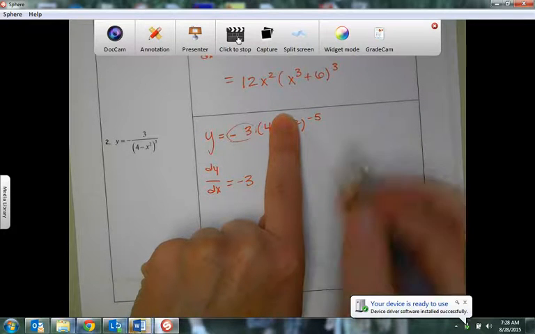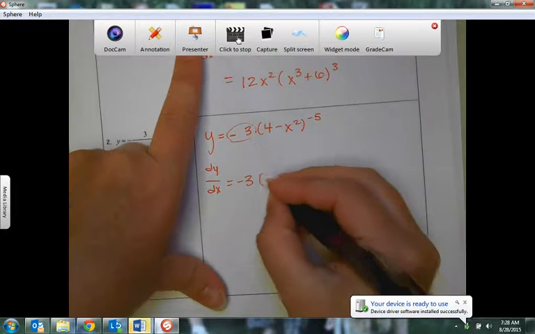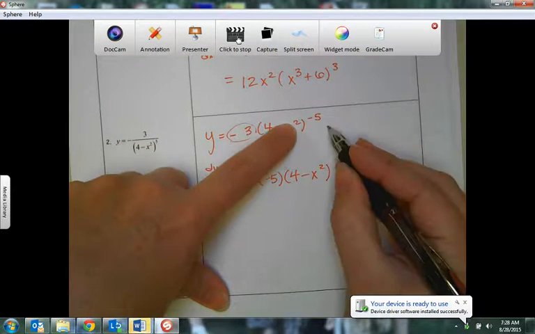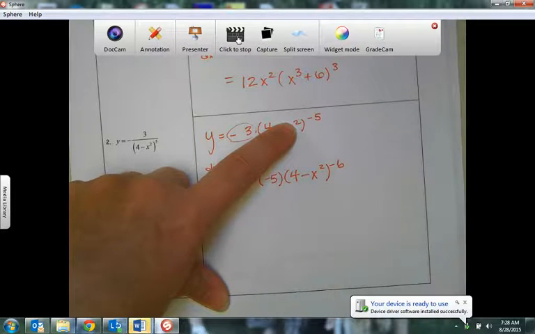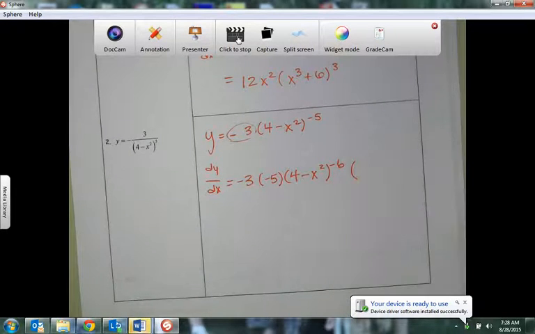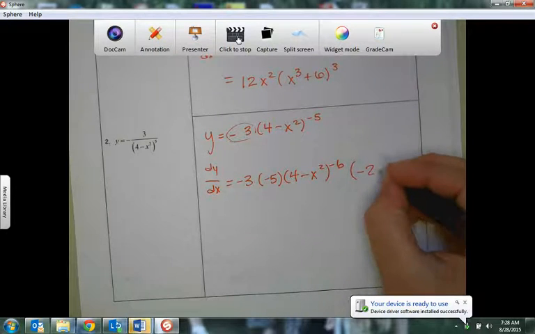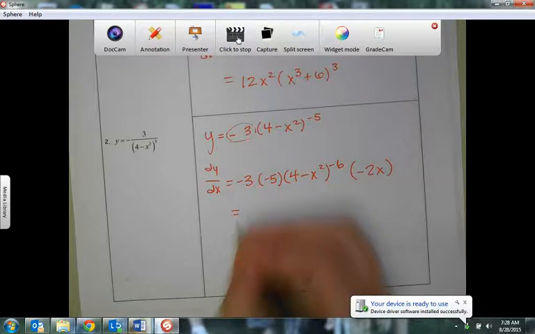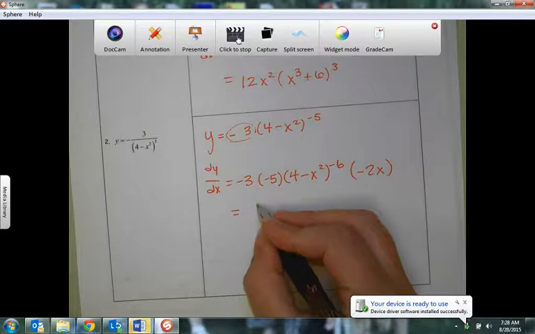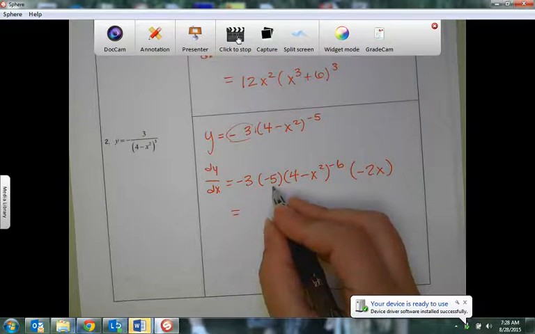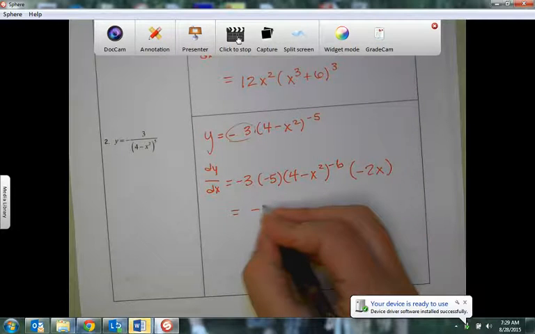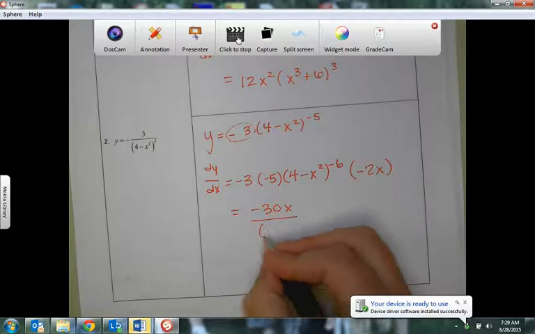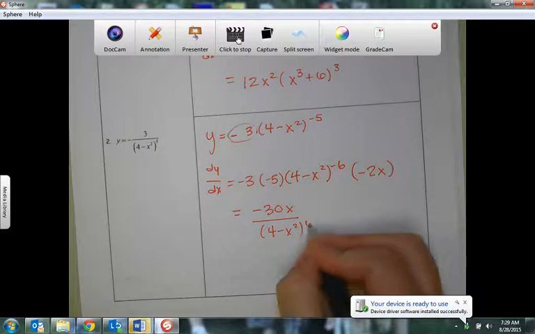So I'm going to bring my negative 5, leave the inside alone, subtract 1. Then times the derivative of the inside. And again, I can reduce that a little bit. So let's see, 15 times negative 2 is negative 30, and then the x. I'm going to bring that negative exponent down. And there we go.